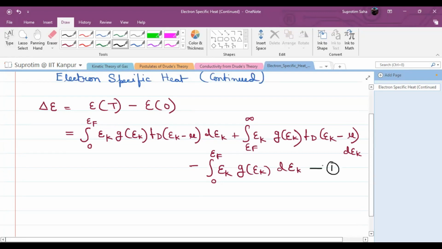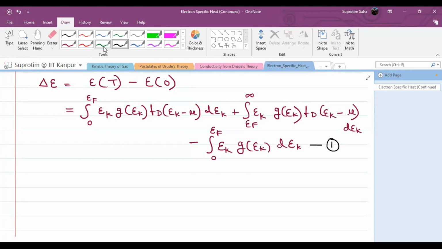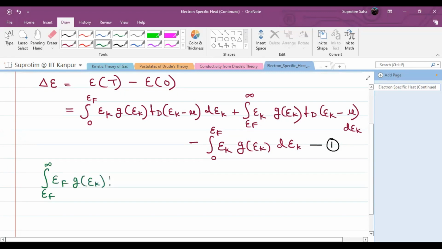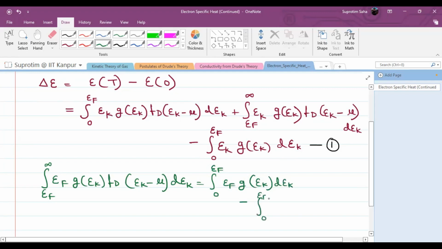Now we had another equation, which is epsilon F to infinity epsilon F G of EK Fermi Dirac epsilon k minus mu D of EK, is given by 0 to EF G of EK D of EK minus 0 to EF epsilon F G of EK, the Fermi Dirac distribution.